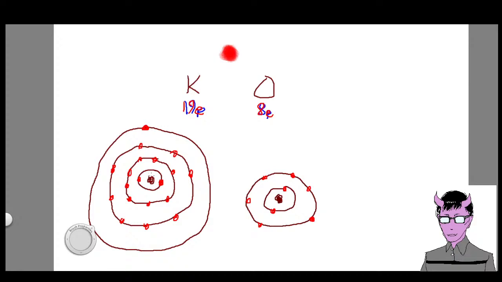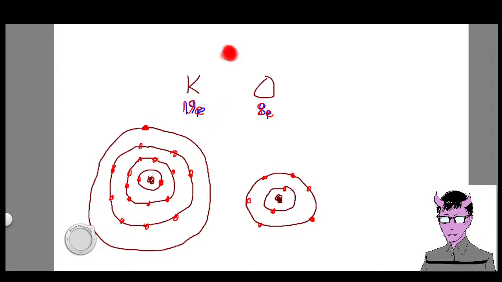What's attracting this electron is this nucleus, right? But for this potassium, there are already a lot of electrons residing on it, and they're residing in a way such that this one is actually very poorly attracted to the core. And one of the simplest answers to explain why is because there are just too many layers of electrons.